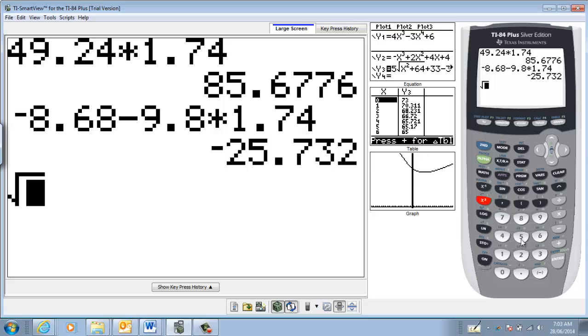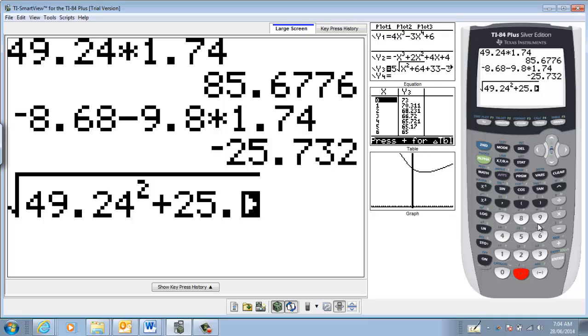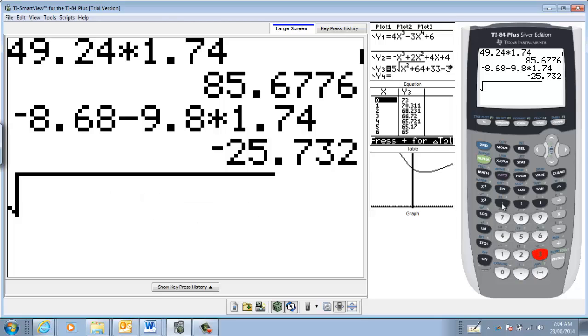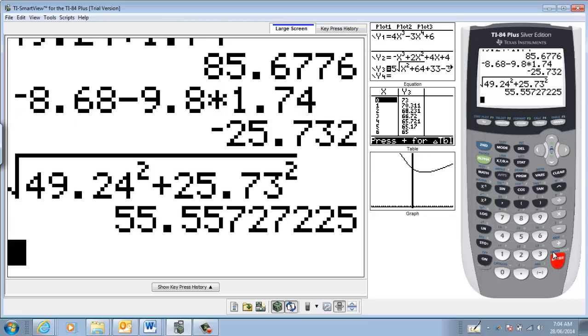Remember to do this in one step. So 49.24, we square it, plus 25.73, we square that, and then enter, so 55.56.